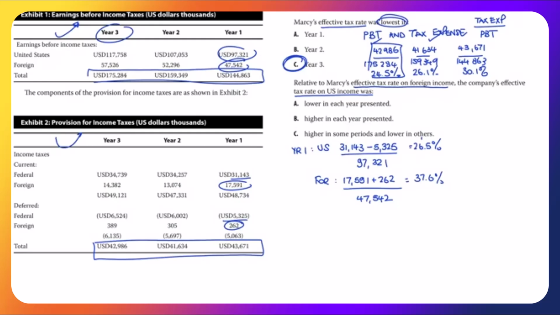And you would repeat that for year 2 and year 3. If you were to do that, don't think there's any sense in watching me do it, you would get 26.4, 25.6, 24, and 25.7. So what can we say? Let's just pick out which is higher. In year 1, it's foreign. In year 2, it's US. In year 3, it's foreign. So the answer is C.